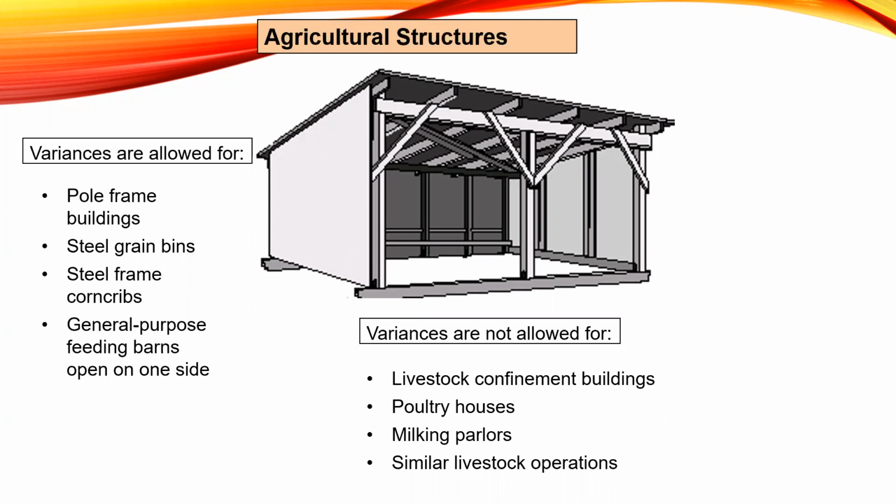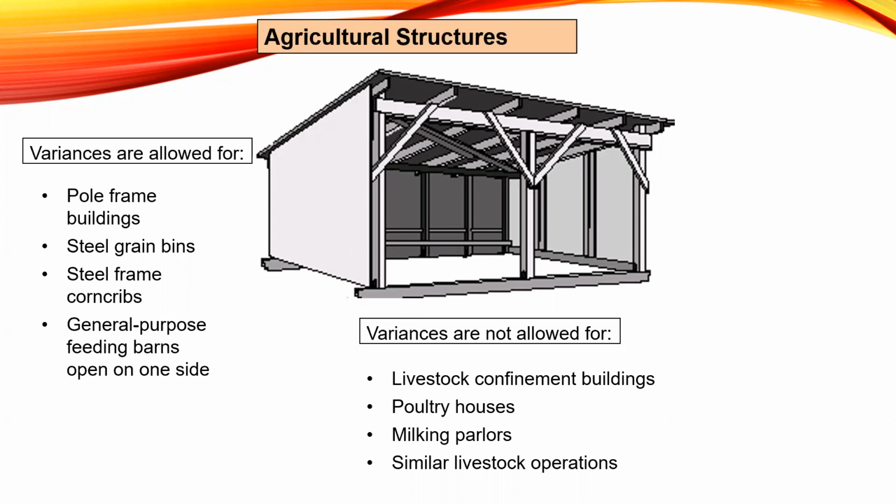That was their intention originally, and then it got misconstrued. Nationwide, there was a misconception about this, but all ag structures need a variance to be wet flood proofed, and they have made that clear. It's because ag structures are very diverse in what they are and how they're used.